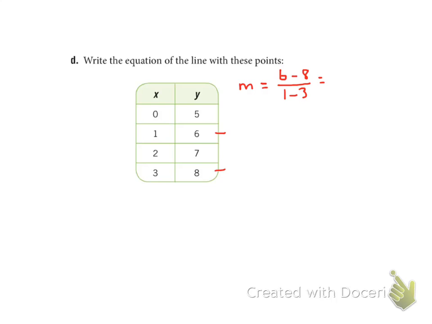So 6 minus 8 is? Negative 2. And 1 minus 3 is? Negative 2. Right.